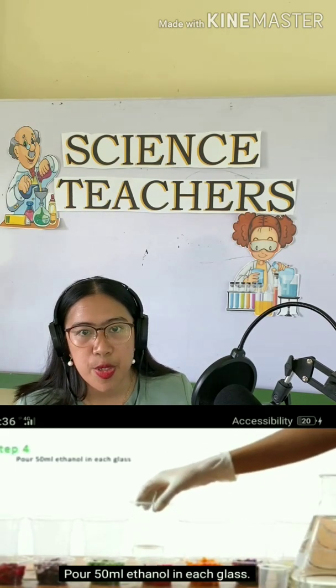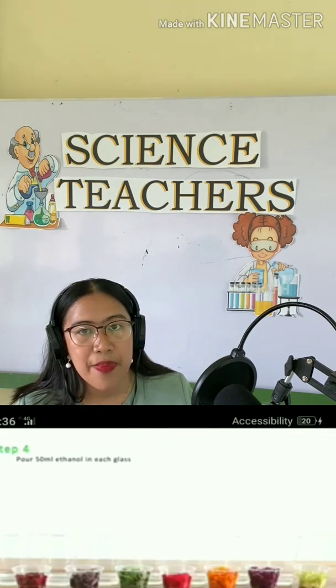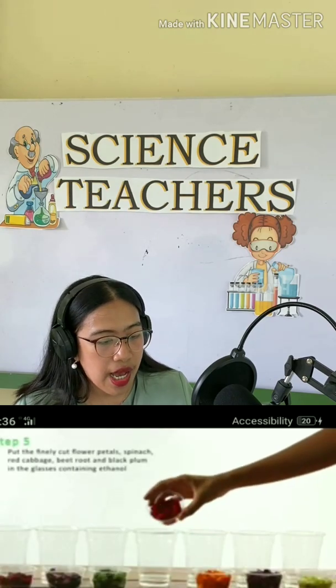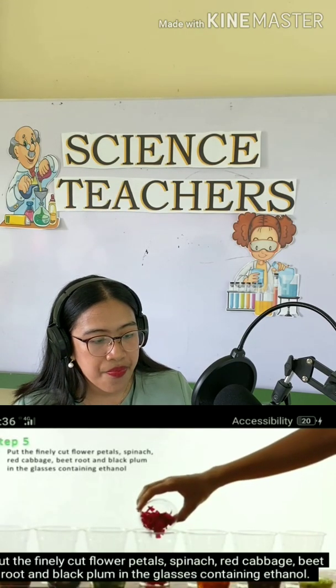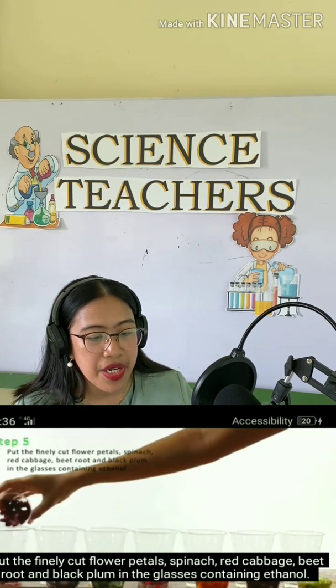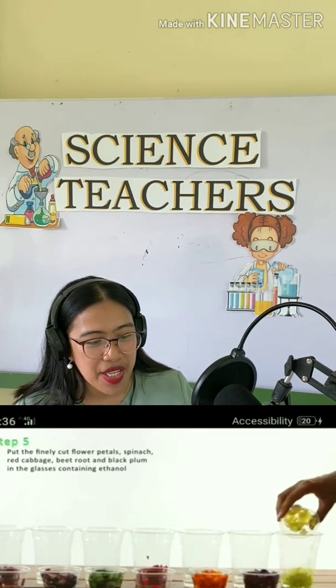Let the solution be undisturbed for 30 minutes so that it can properly extract the juices from the cut vegetables and flower petals. Okay, and then you have to drain the alcohol with the help of a strainer. And finally, you will get the extract of all the samples.